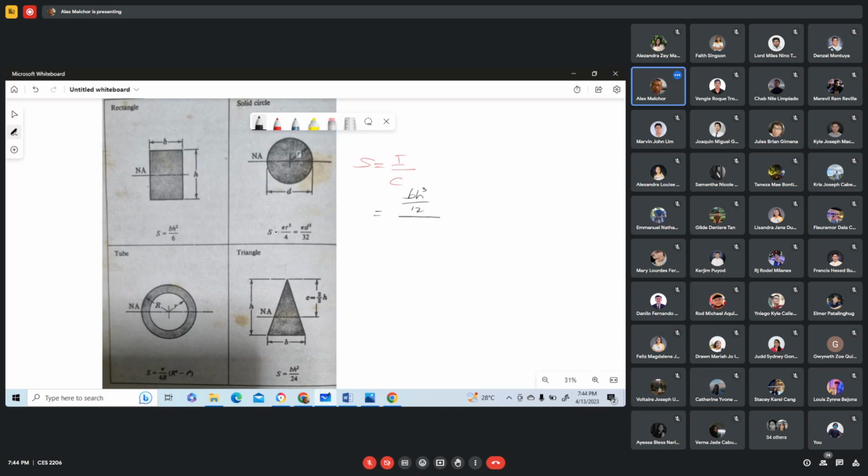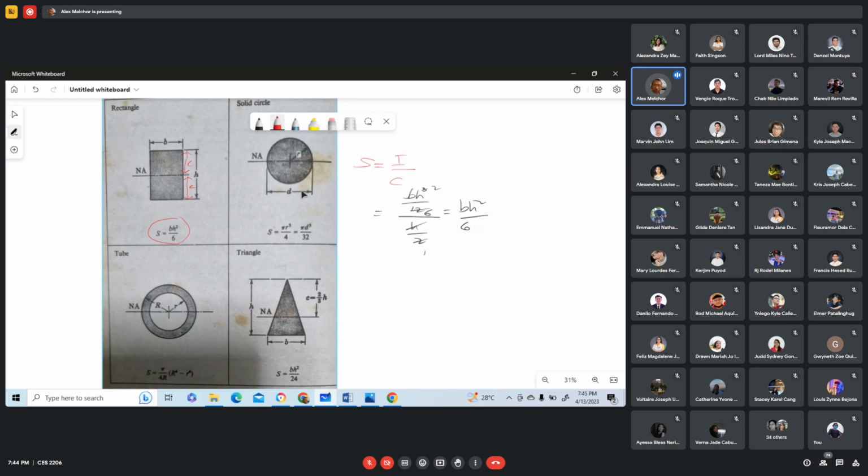That is our C. Our C therefore is 1/2 of h. So 1 by 2, 1 by 2, 6. We can cancel this. That becomes 2. So this is now bh squared over 6, which is this one.